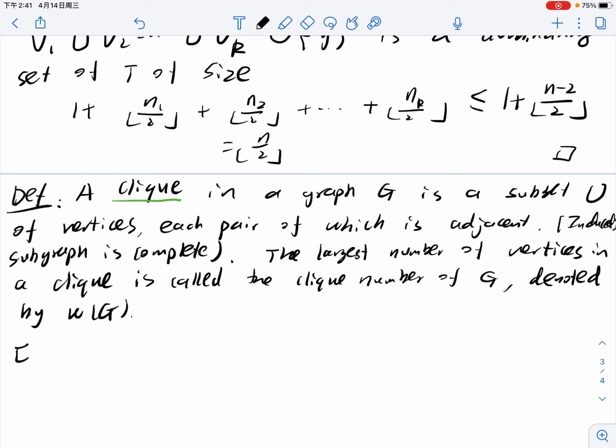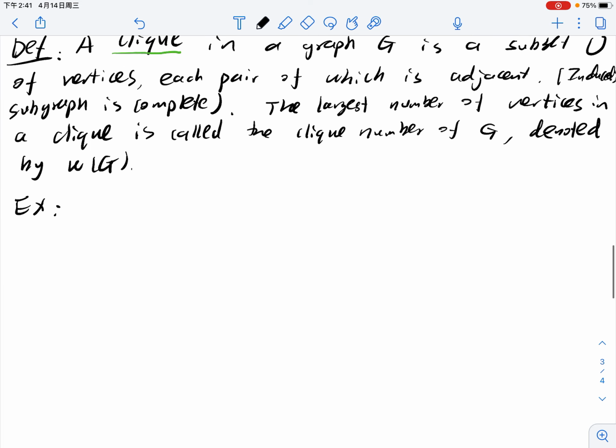So this notion is kind of the opposite case of the independent set. For the independent set, you want the edges as few as possible, but in this case, you want the edges as many as possible. So here, for the model graphs, we can compute the clique number.